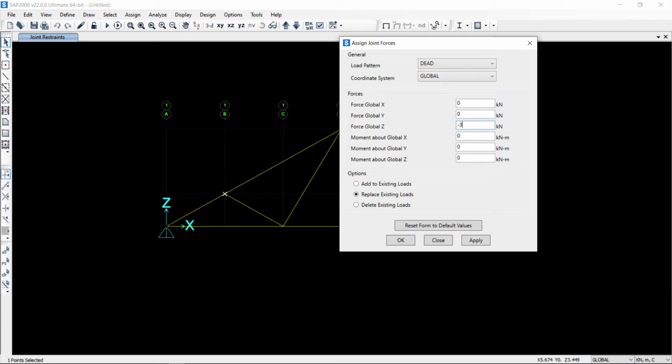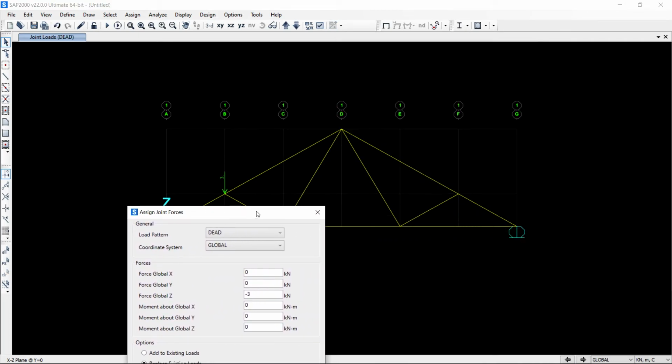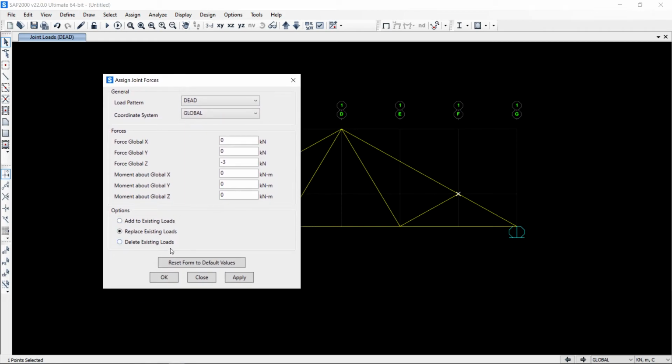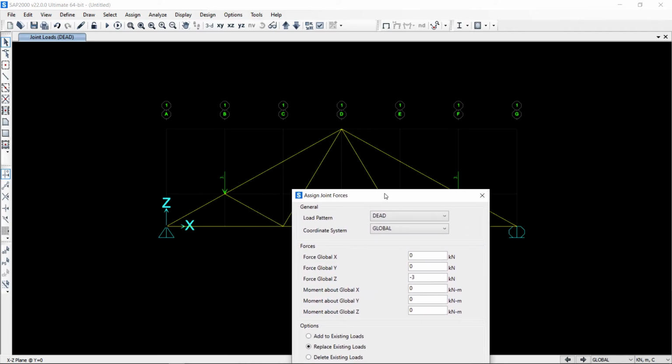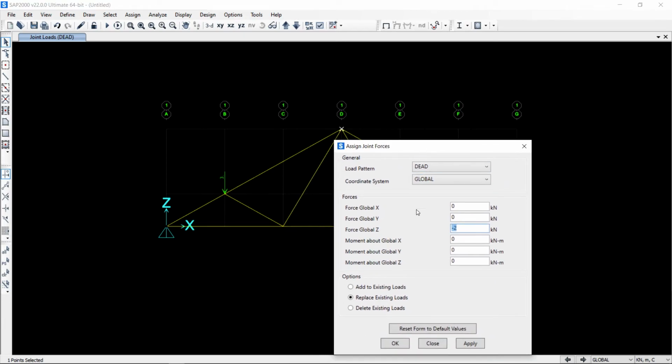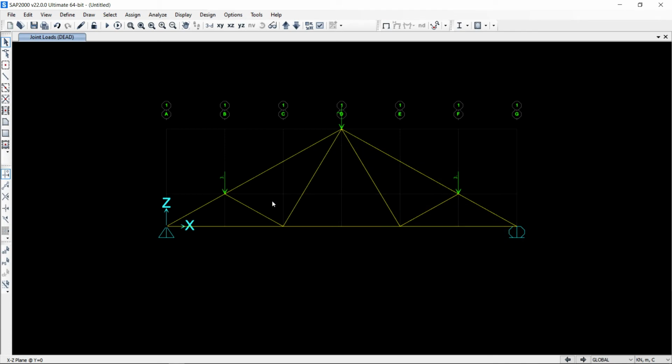First is -3, it is assigned at this point, sorry, and this point also. And there is a 2 kilonewton force which is applied here at the top. So we have already defined these forces.